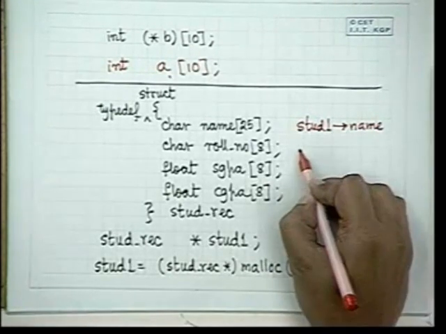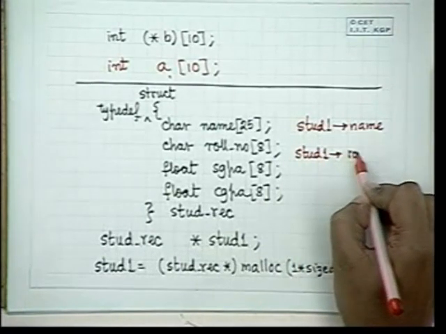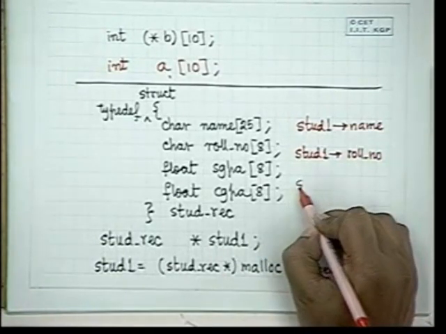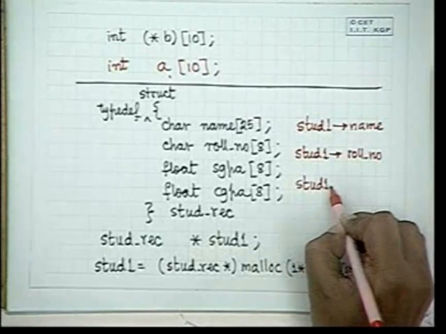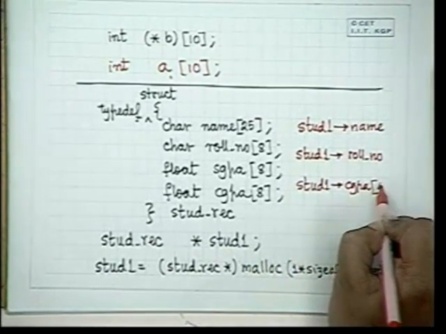Roll number will be stud1 pointer roll number. The 5th semester CGPA of this student will be stud1 pointer CGPA, index 4, because it's 0-indexed.